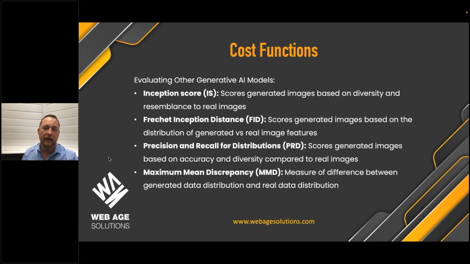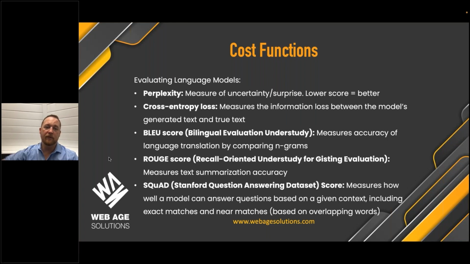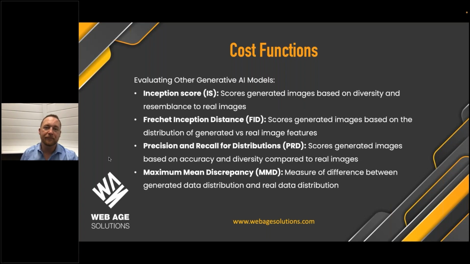We have a precision and recall for distributions score, PRD, which is also for images. We have a maximum mean discrepancy and a bunch of others for different types of generative AI models. But the takeaway here is, if you see some of these ones on the previous slide, these are used for language models for different applications, as opposed to just having a correct answer like you might expect in a classification or a regression problem.